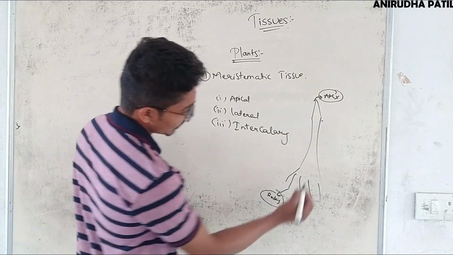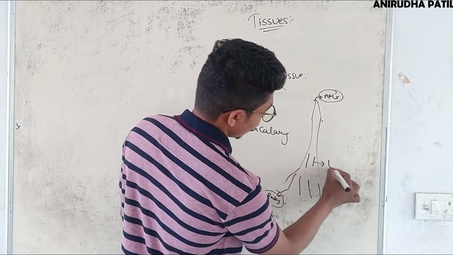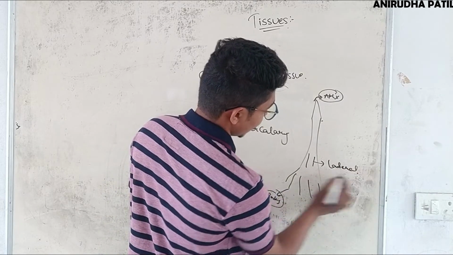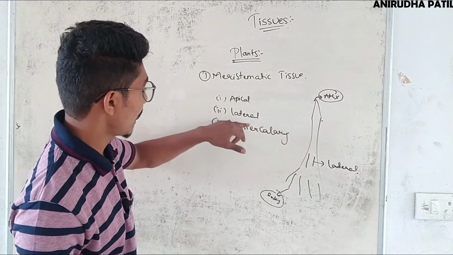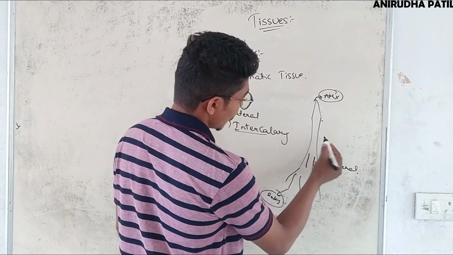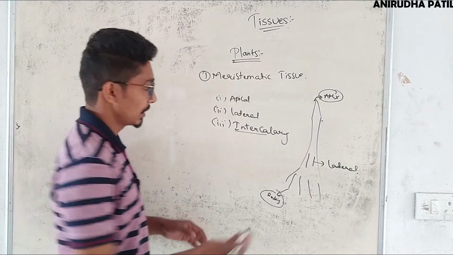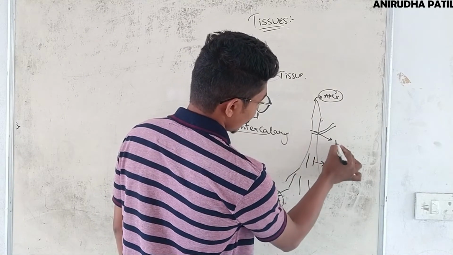Lateral meristem is present here, in the girth, and helps in growth in the lateral regions, that is, the girth of the plant increases due to lateral meristematic tissue. Intercalary helps in the growth of twigs and is present below the leaves. For example, here it's a branch, so intercalary is present here.